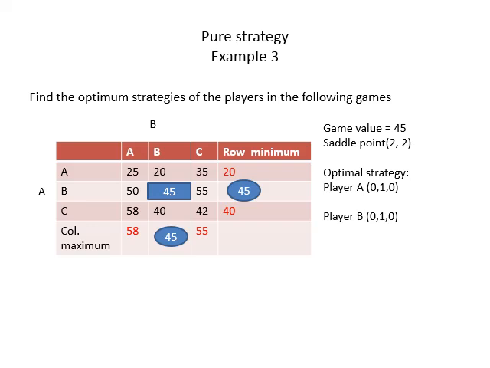Now game value equals 45, optimal strategy for A equals 0 1 0, and for player B equals 0 1 0. That's all.